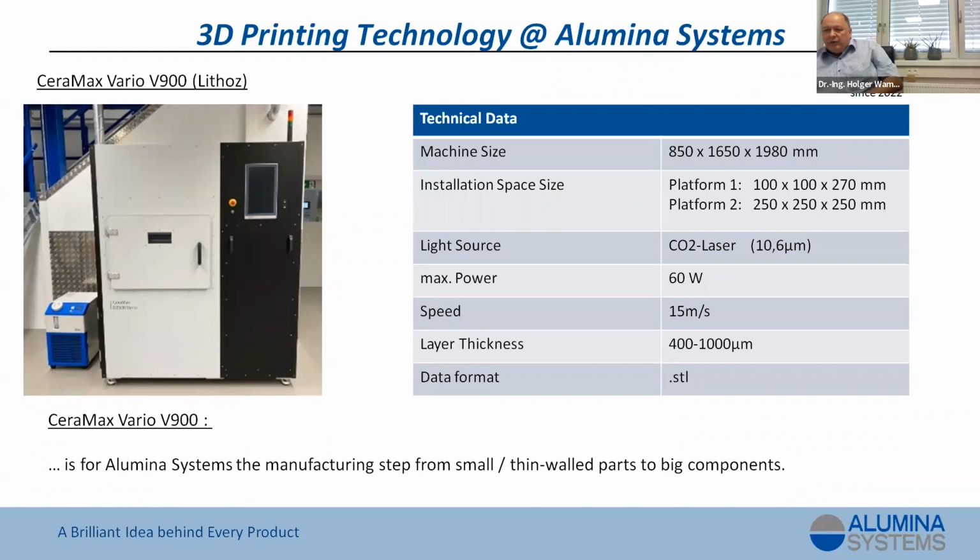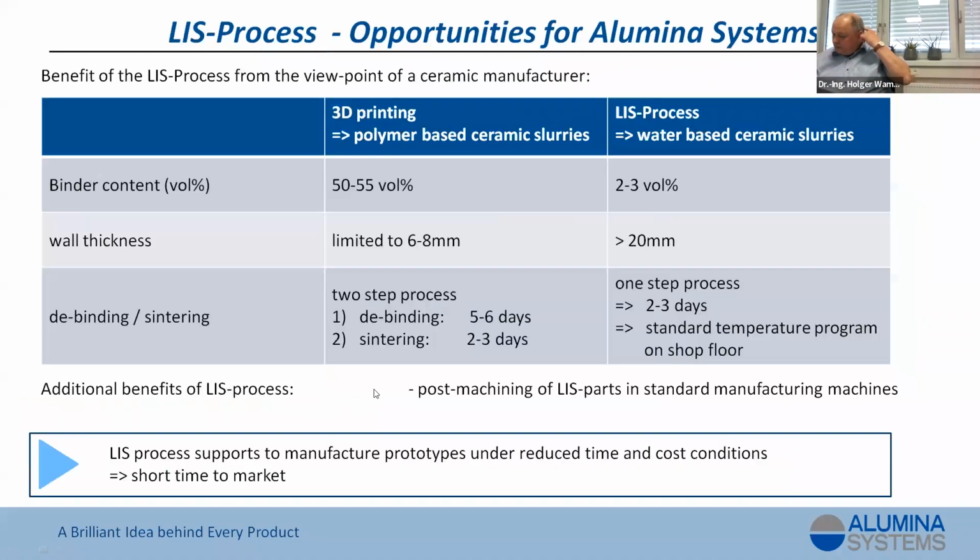And this is the printer where we now start to make big parts with a bigger wall thickness, or even big components if we have a bigger platform. Yeah, if you compare both systems, you have the normal LCM system for 3D printing with a binder content of up to 50 volume percent.